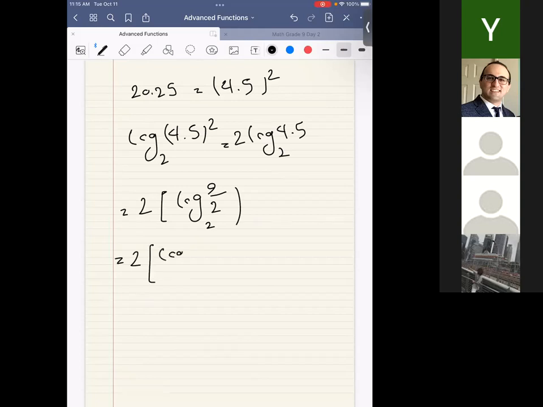Which is equal to 2 times log of 9 minus log of 2, because log of 9 over 2 is just log of 9 minus log of 2. So this is 2 times, and again 9 is 3 squared, so log of 3 squared minus, and log of 2 is just 1.